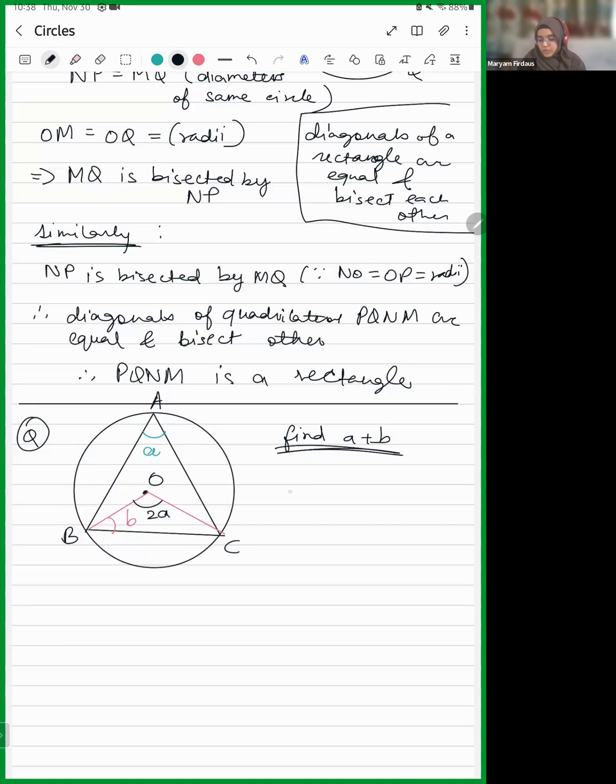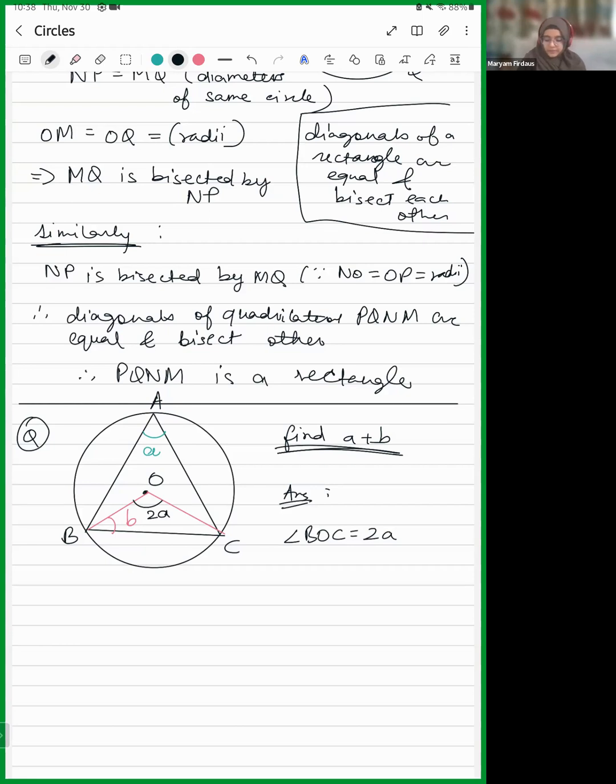Yes. So please note down this question. And then after that, write the answer. Angle BOC is going to be equal to 2A. Because of the theorem that we studied, that angle subtended at the center is double the angle subtended at any other point of the circle.